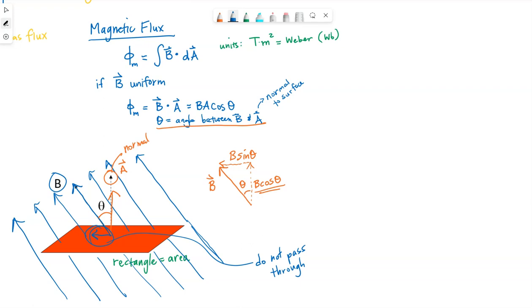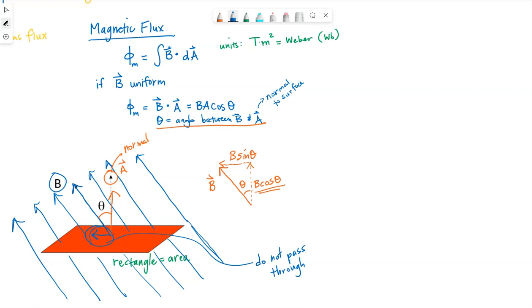That's why we end up with the magnetic flux being the magnitude of the magnetic field times the magnitude of the area times the cosine of that theta, because that gives us the component of the magnetic field that passes through the area.